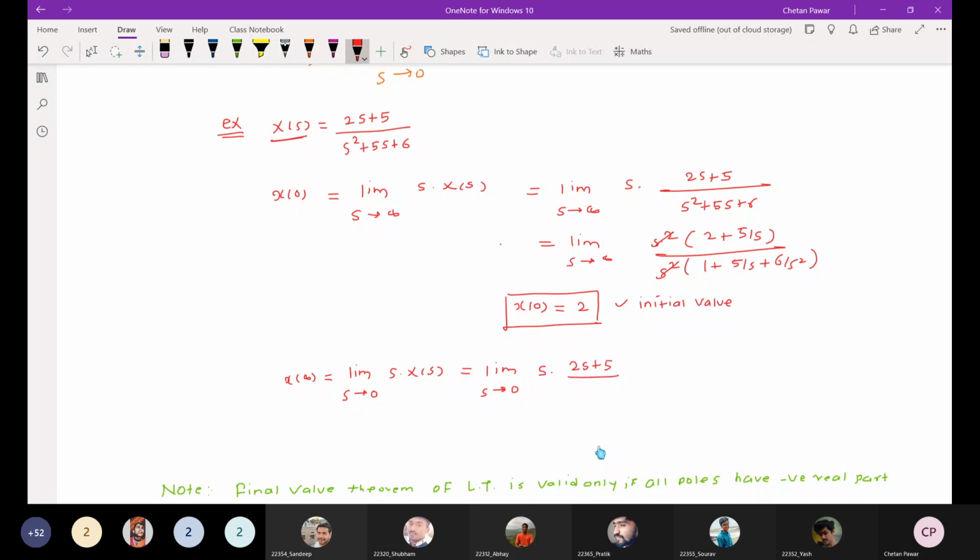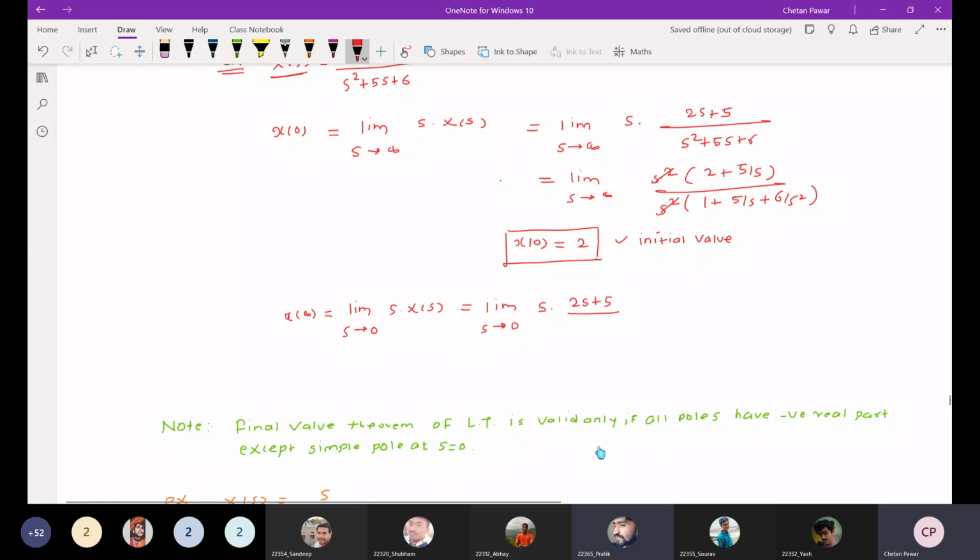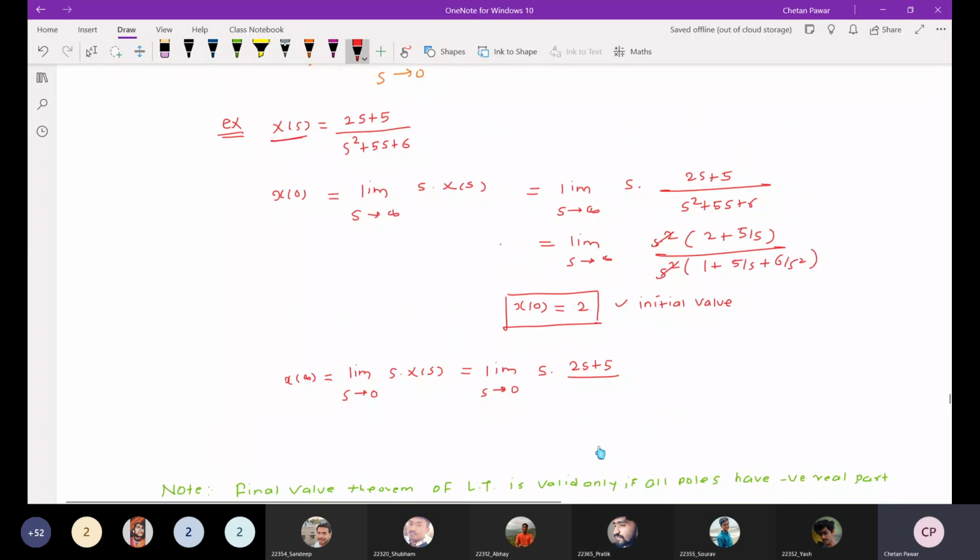Now if you multiply s with X(s), that will be s square plus 5s plus 6 in the denominator. So here the value will be 0. Like this, you can apply the initial value theorem and the final value theorem.